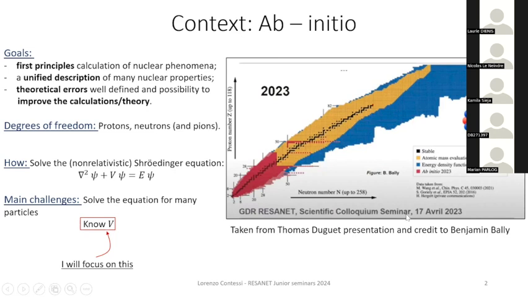And there are two challenges in ab initio techniques. One is knowing the interaction, because you need to know what the interaction between nucleons is, and the other is knowing how to get information out of this interaction. Usually this is done by solving the non-relativistic Schrödinger equation.